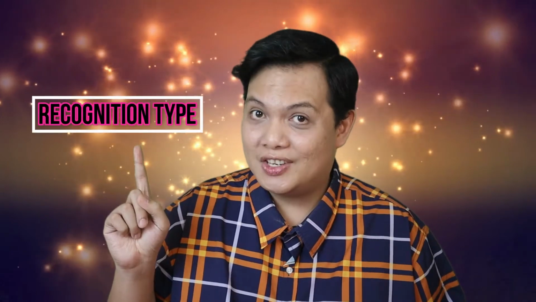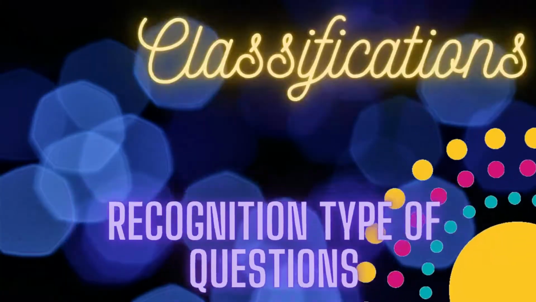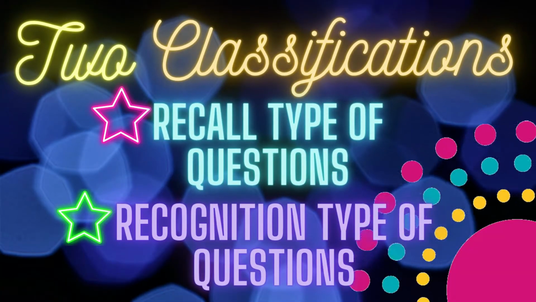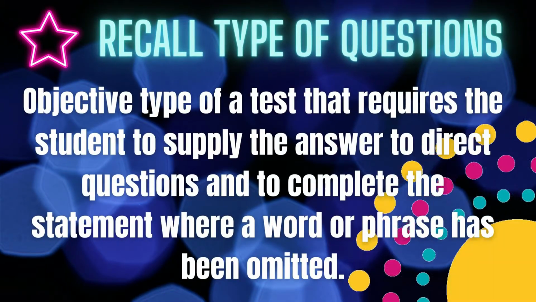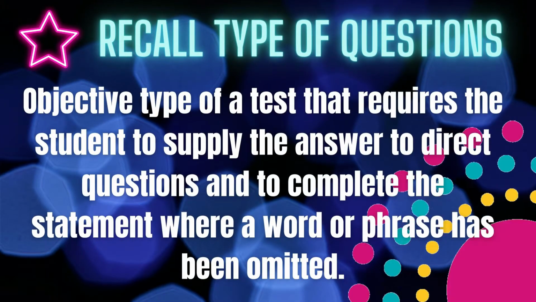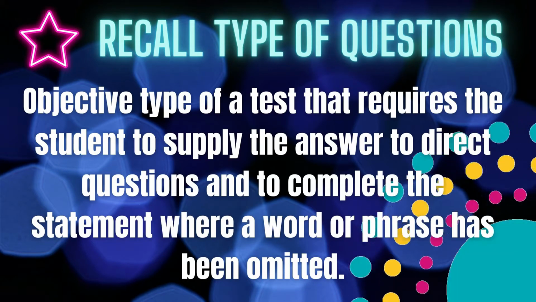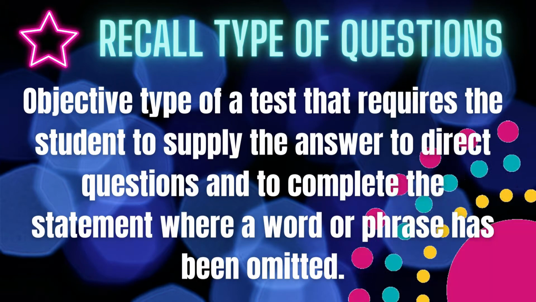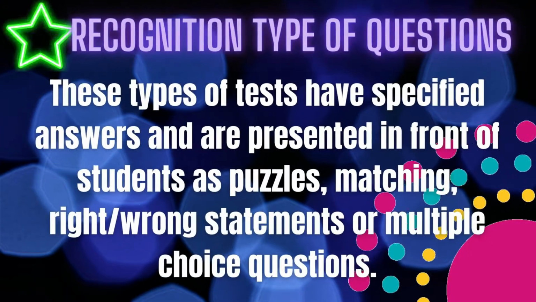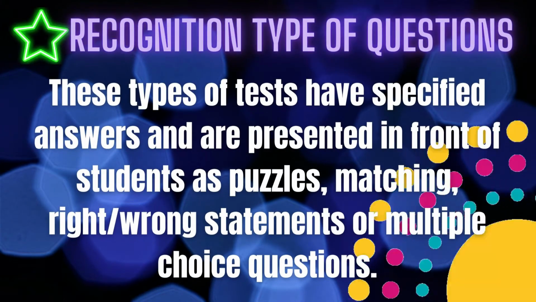An objective type of test has two classifications: recall type of questions and recognition type of questions. Recall type of questions are objective type of test that requires the student to supply the answer to direct questions and to complete the statement where a word or phrase has been omitted. And let's go to recognition type of questions.